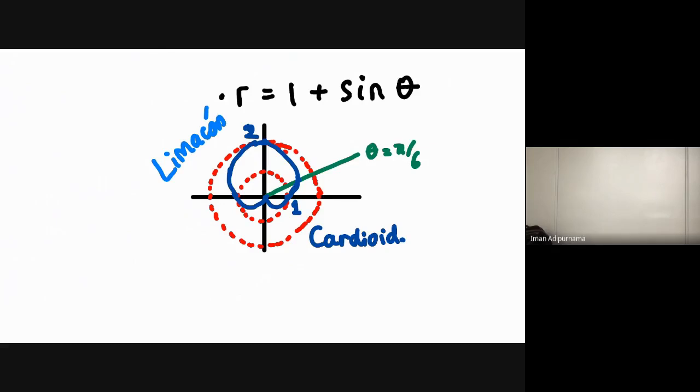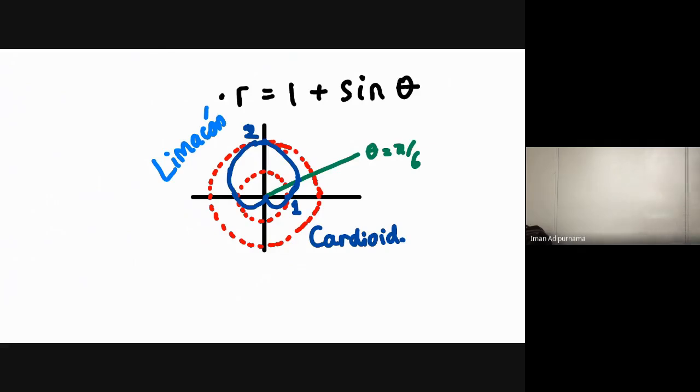If you have one minus cos, it's the mirror. Anyway, there will be some details on how we know the pattern and how we draw, but I will attach some video to your Moodle system later. I've already done that, and you can just see it for review. For now, I will just briefly introduce what we will see in the polar curves.